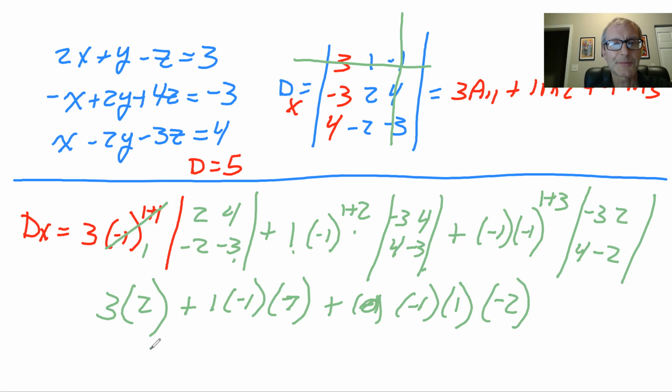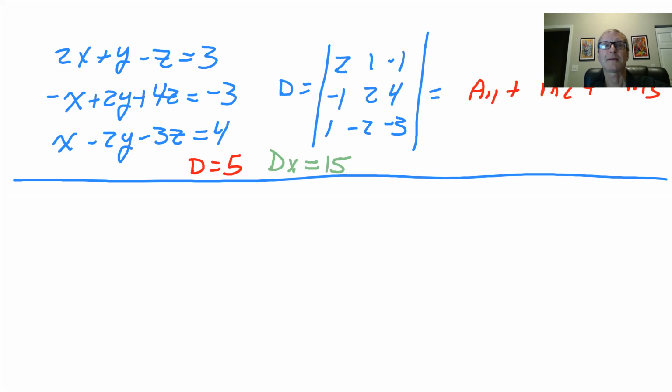So if we do this, you would get 6 plus 7, and then plus 2, and that would give us 15. So dx would give us 15. Okay, so now we have dx. So guess what's next? dy, right?